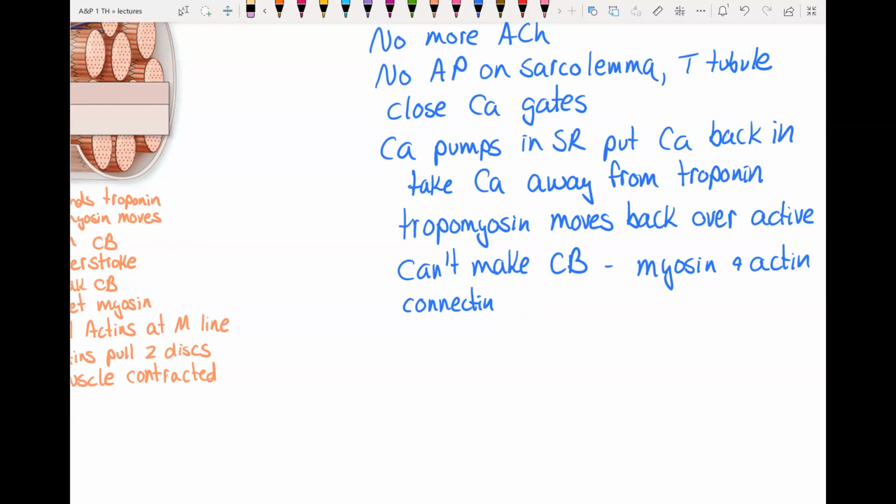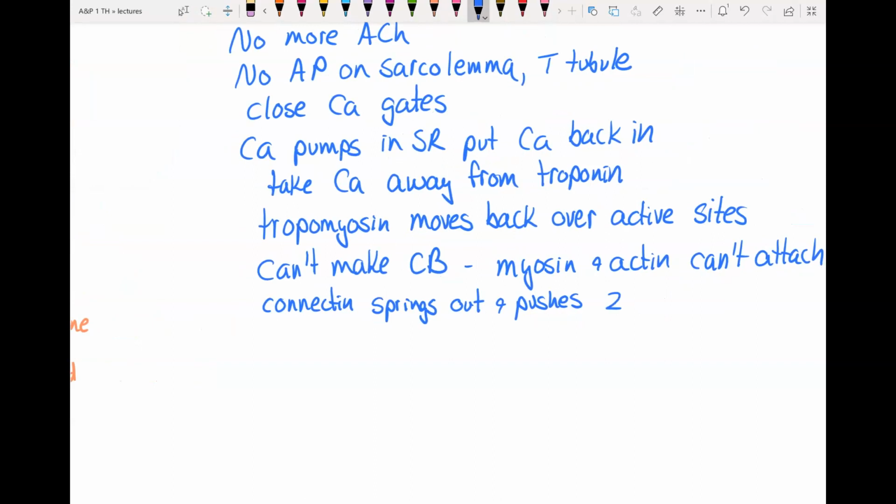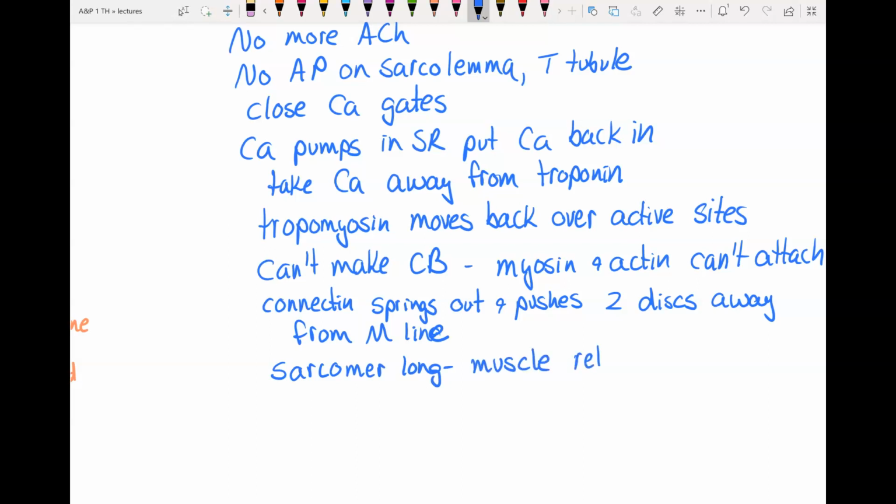So we say it pops or it kind of springs. So it pushes those Z discs back out away from the M line. So now the sarcomere is long again, and the muscle is relaxed.